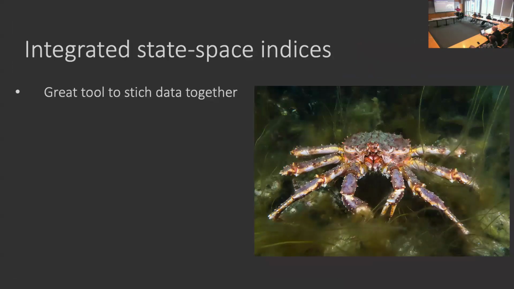But just to sum it up, the red king crab is not really data limited, but it illustrates that we're not using all the data we have, so that's one thing. It illustrates a point where it could be a suitable way to integrate more or all of the available data that we have by using a spatial temporal approach.